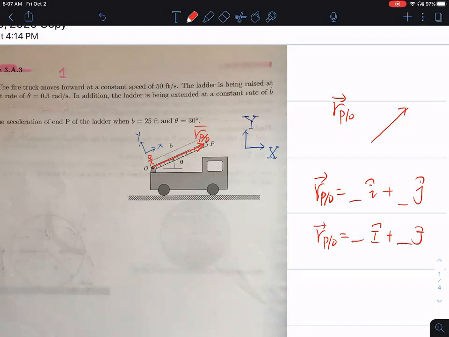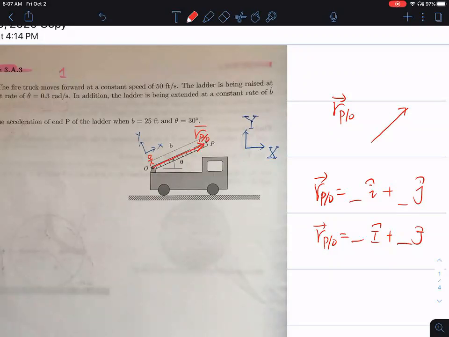First question is, are they the same? Should R_P/O have the same value in this equation and this equation? Raise your hand if you think they should have the same value. Raise your hand if you think they should have different values because they're in different coordinate systems.